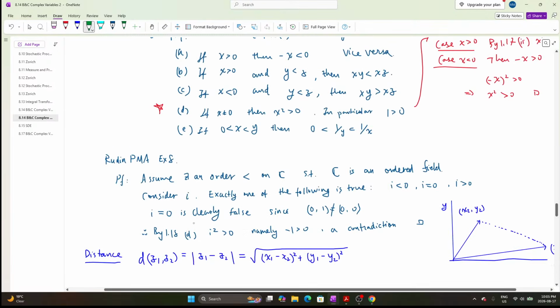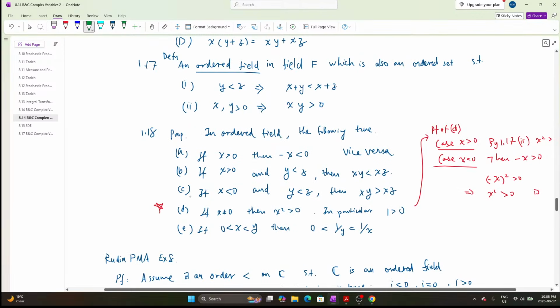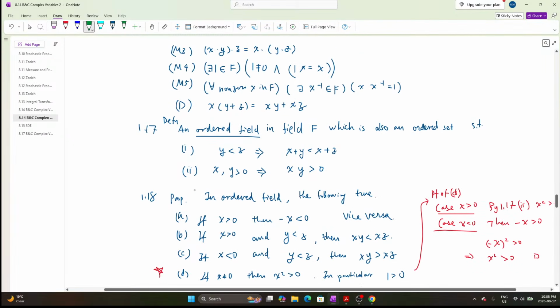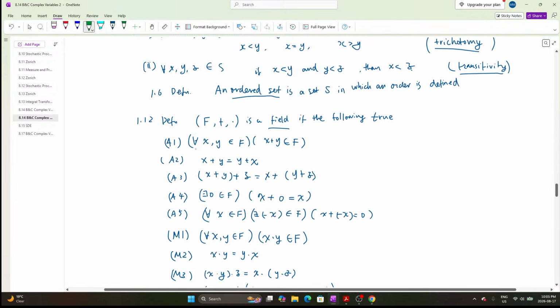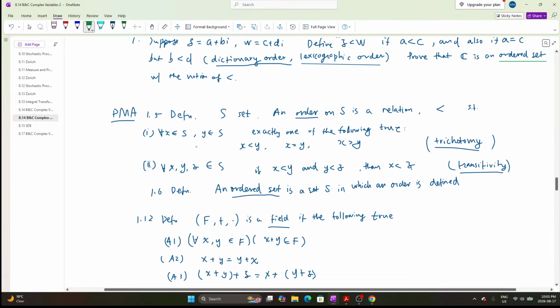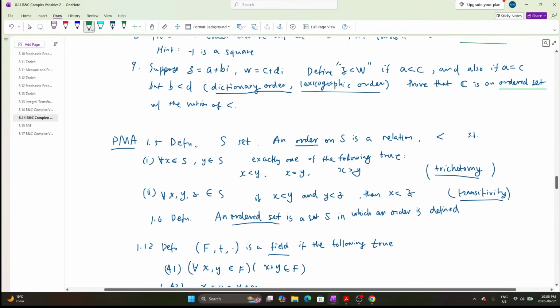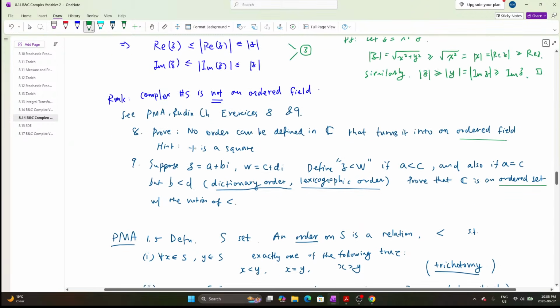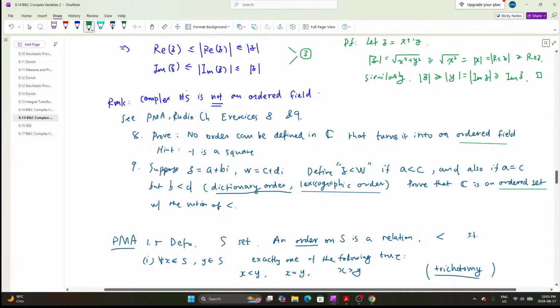The proof is actually super short. It's laying out the definitions that's a bit wordy. You have to say exactly what an order means, what an ordered field is, some of the most basic properties of ordered fields, and how exactly the complex numbers violate that. Now, if you just ignore the arithmetic and want an order on its own, you can actually define an order.